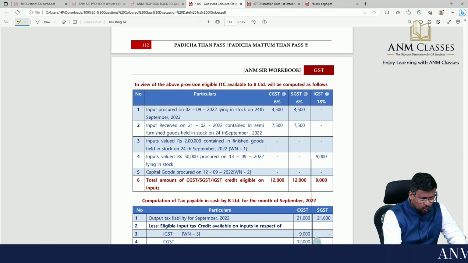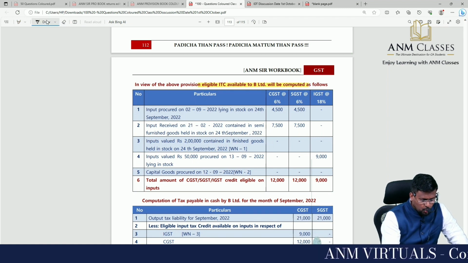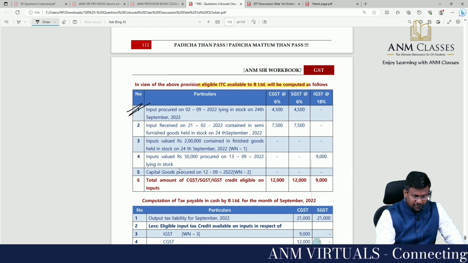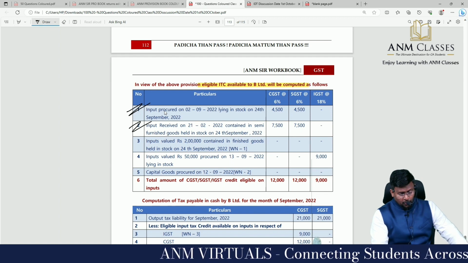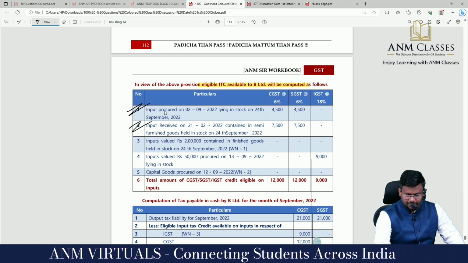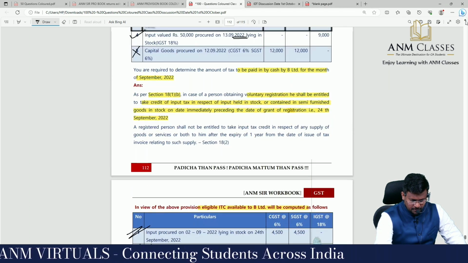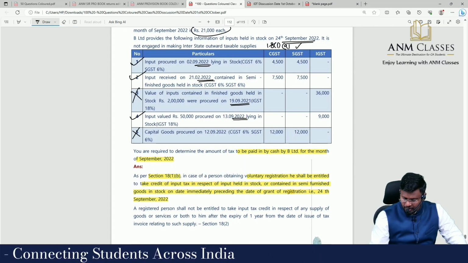So we are going to summarize the table where eligible ITC, input procured on 2/9/2022 eligible, input received on 21/1/2022 eligible, input value 2 lakh in finished goods. Sir, is it eligible, ineligible? Because it is 19/9/2021.